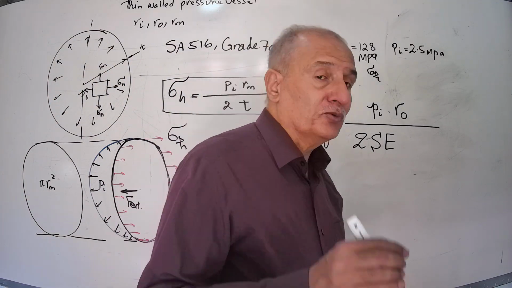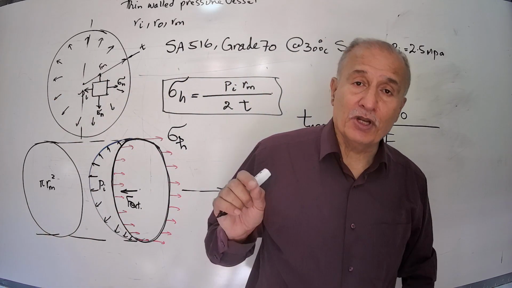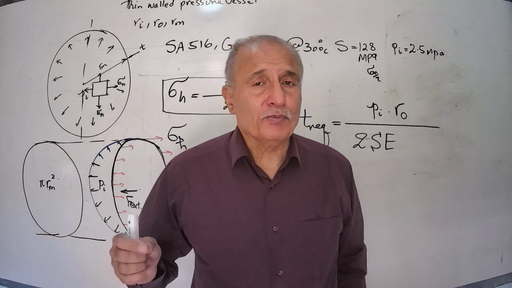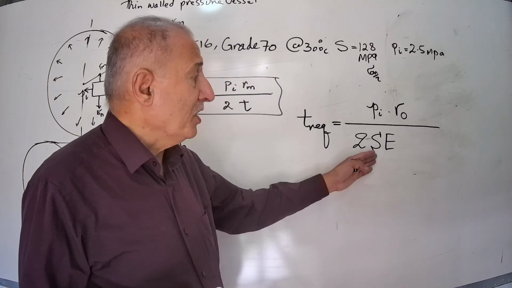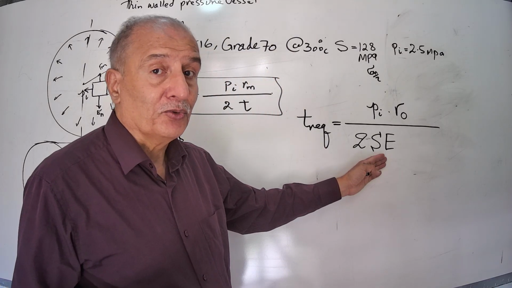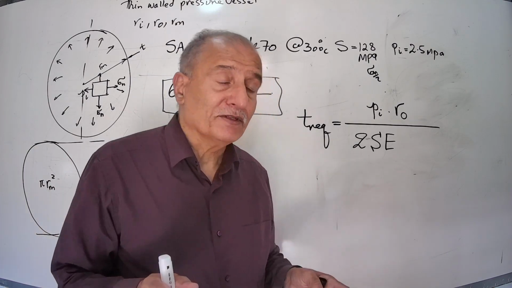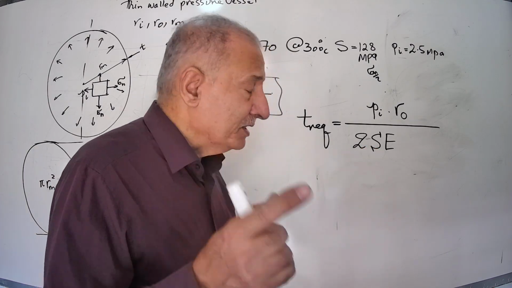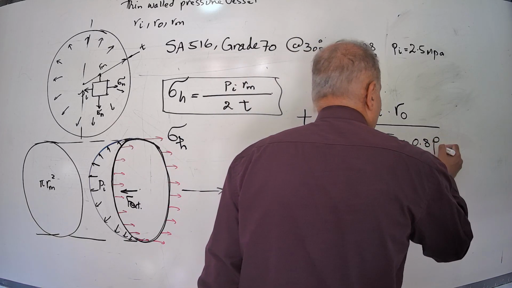But if you just test some spots, some points only, depending on the number of points, you can give it 0.85, 0.80, and this is less than 1 if you are not sure about your X-ray. If it is fully radiographed, then efficiency is 1, plus 0.8 times internal pressure.